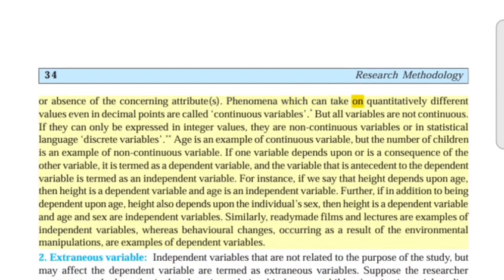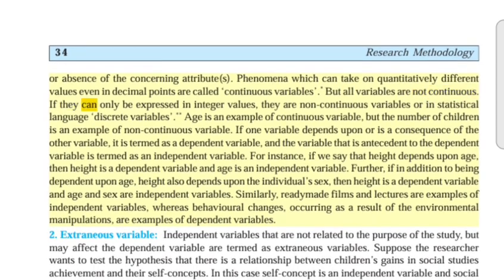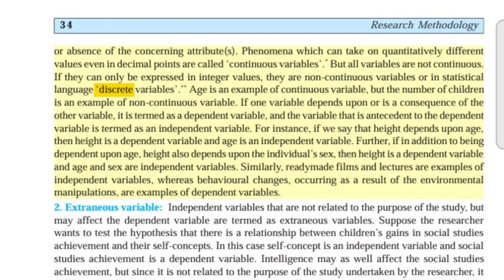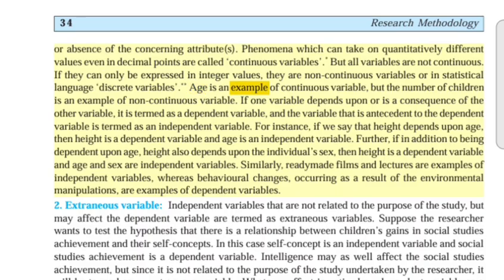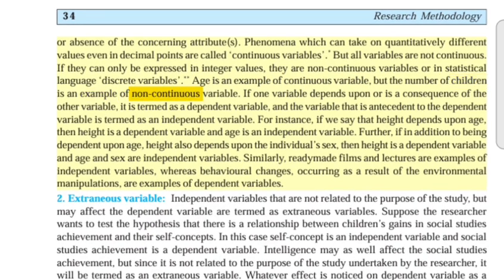Phenomena which can take on quantitatively different values even in decimal points are called continuous variables. But all variables are not continuous. If they can only be expressed in integer values, they are non-continuous variables, or in statistical language, discrete variables. Age is an example of continuous variable, but the number of children is an example of non-continuous variable.